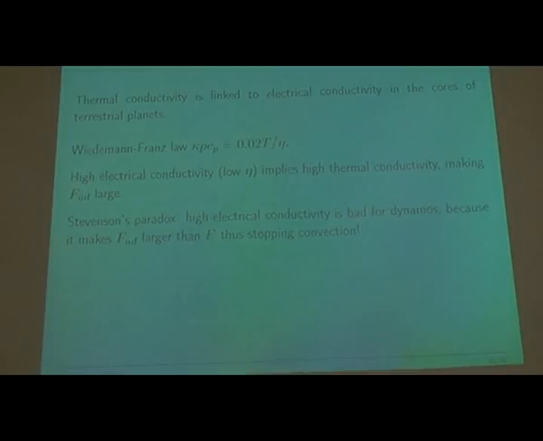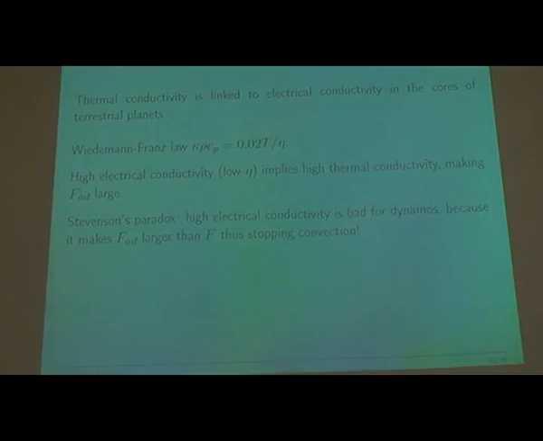If your electrical conductivity is too high, that will make the thermal conductivity high. And if the thermal conductivity is high, all the heat will be carried down by conduction, and there'll be nothing left for convection. So if you have high electrical conductivity in a core, you'll have high thermal conductivity in a core, you won't get any convection, and you won't get a dynamo.